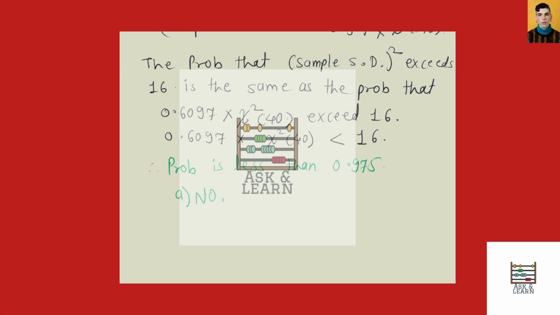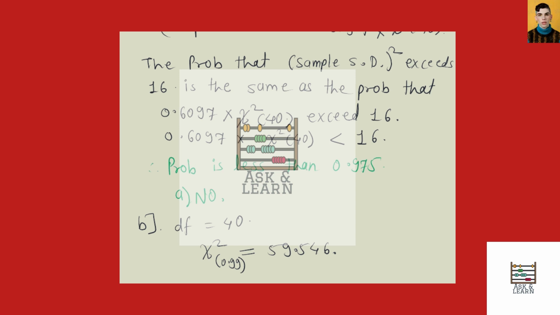Then in B bit we have, using the chi-square distribution, the degrees of freedom here also equals 40. So the value from the chi-square table for the probability equals 0.99, which is 59.546.